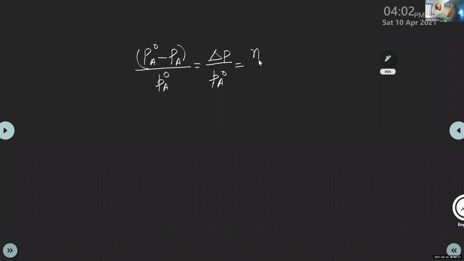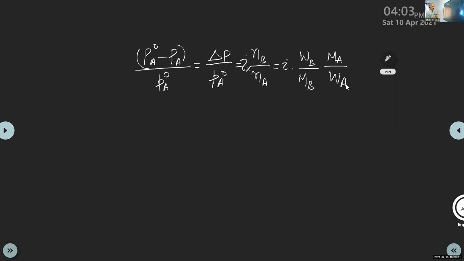And we get the relation NB by NA. That is the relation we have studied. But we need a correction. The correction is this: (PA0 minus PA) by PA0, which is equal to delta P by PA0, is equal to I into NB by N. The relation can also be like this: I into WB by MB into MA by WA.